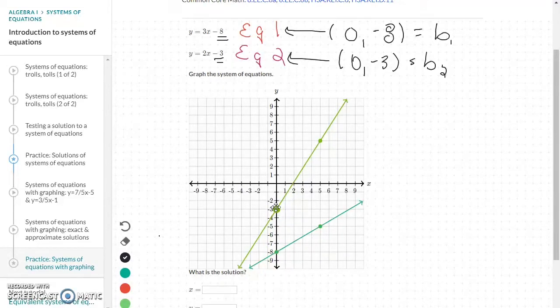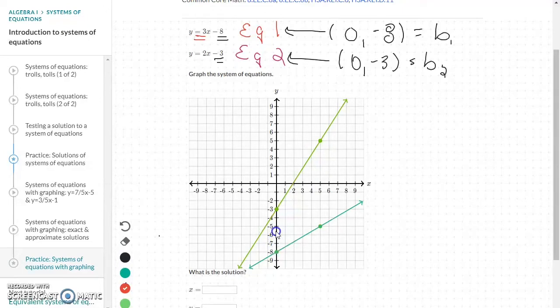So all I'm doing is just dragging the first line to negative 3. And remember, the y-intercept is an easy point because it sits on the y-axis. And both y-intercepts for both equations are negative.